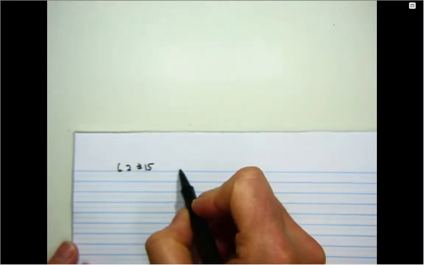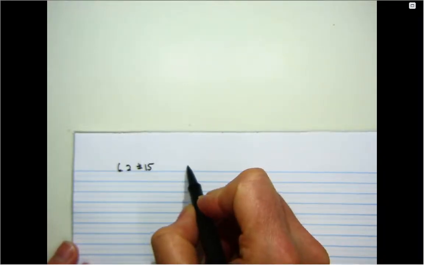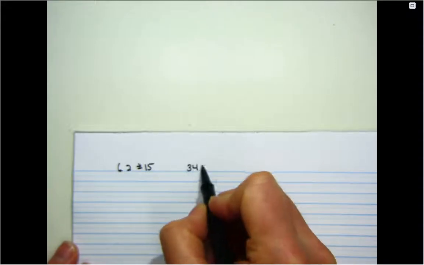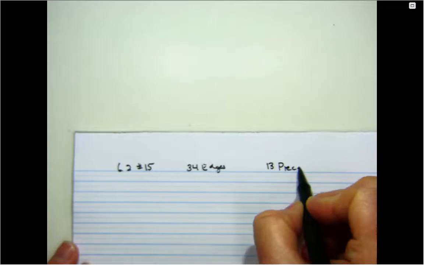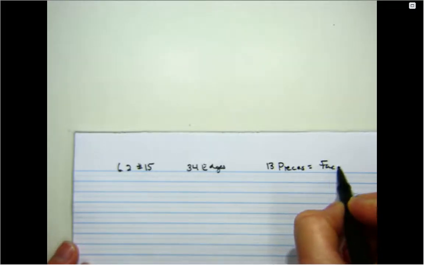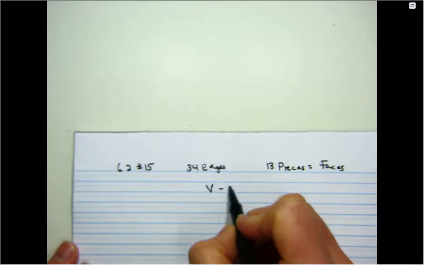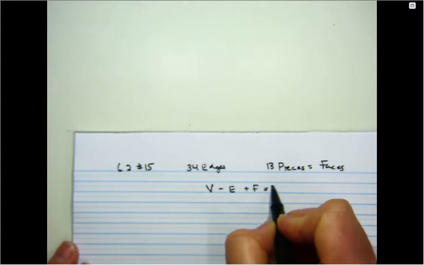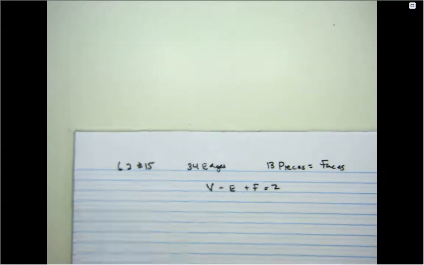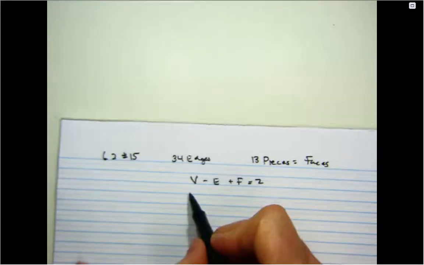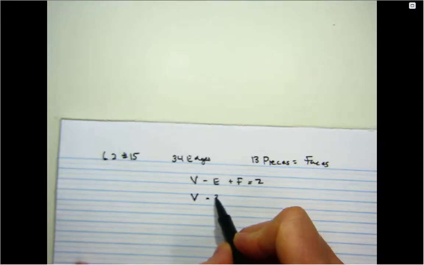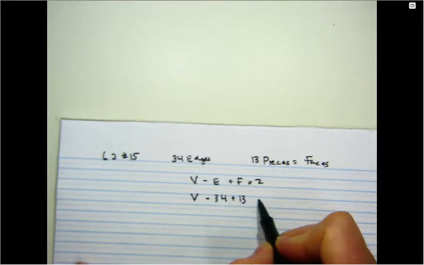Okay, so you had... my numbers are 34 edges and 13 pieces. So we're using Euler's characteristic of connected graphs, and we have V that we're looking for, 34 edges, and 13 pieces.